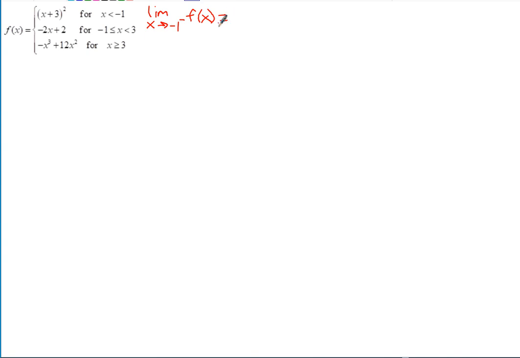So -1 from the left, we use this top piece here and substitute -1. So that's -1 plus 3 squared. That's 2 squared, which is 4. So there's our left-hand limit. And we'll compare that with the limit as x approaches -1 from the right.